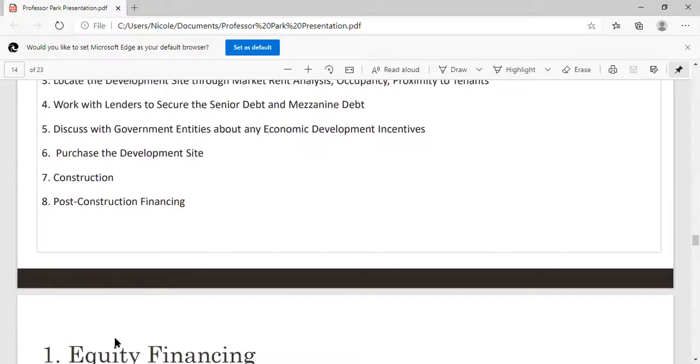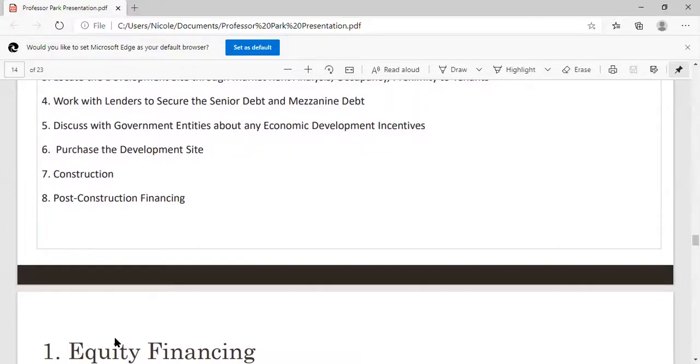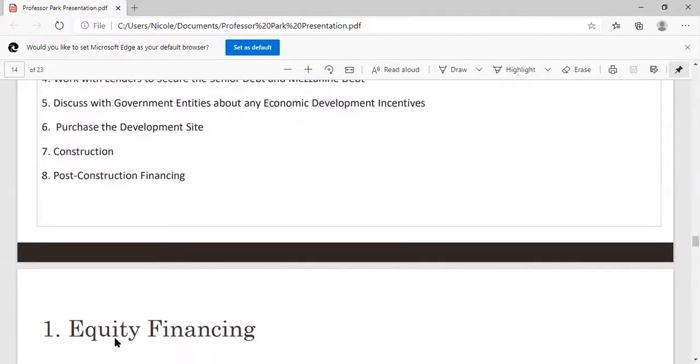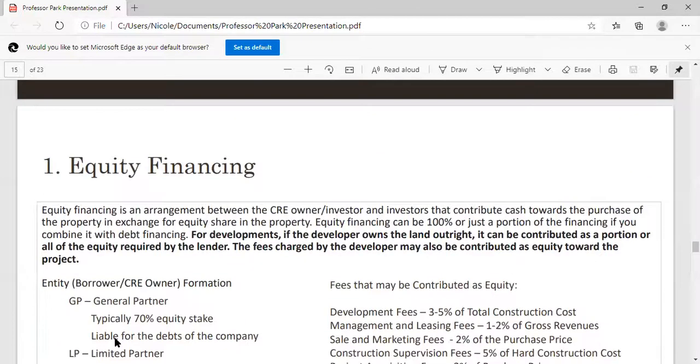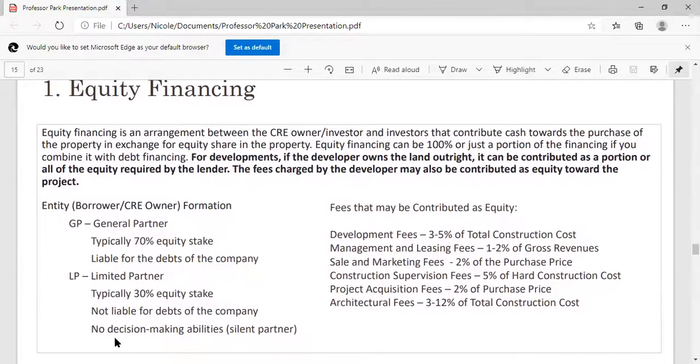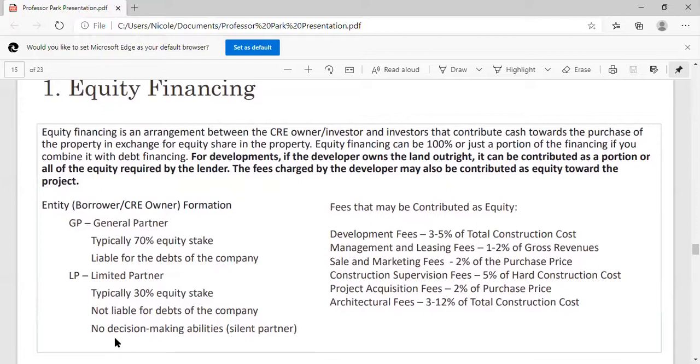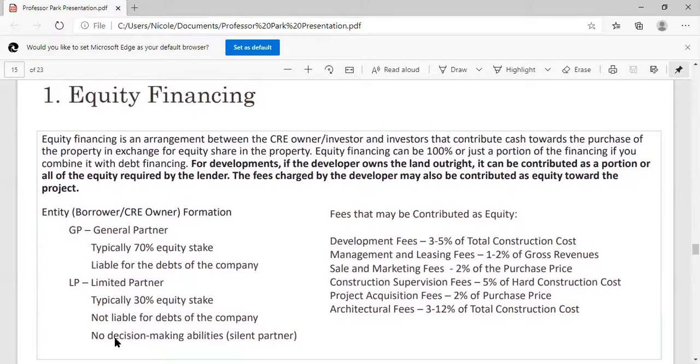Then you'll purchase the development site if it's not already owned. Then you'll go into construction, and then there's post-construction financing. So again, this is the same for the most part as it is with an investment property. However, if a developer does own the land outright, sometimes with a lender you can contribute it as equity. That means the developer wouldn't have to come up with cash.